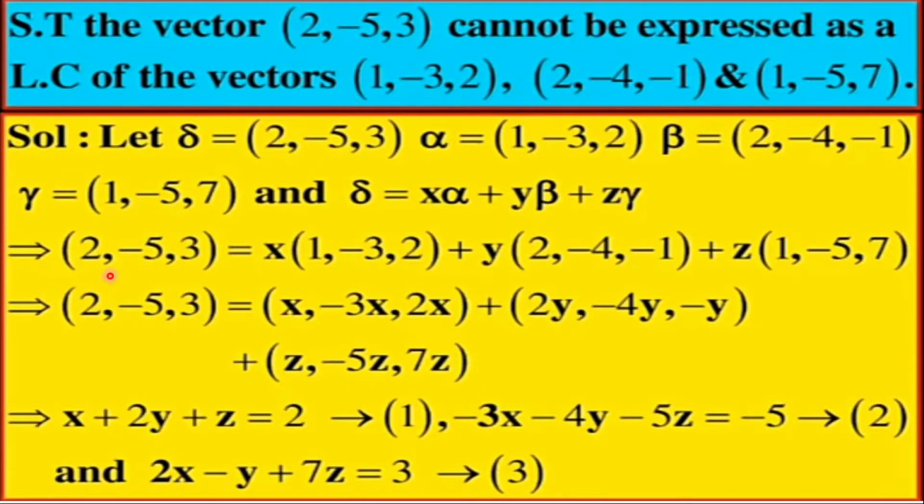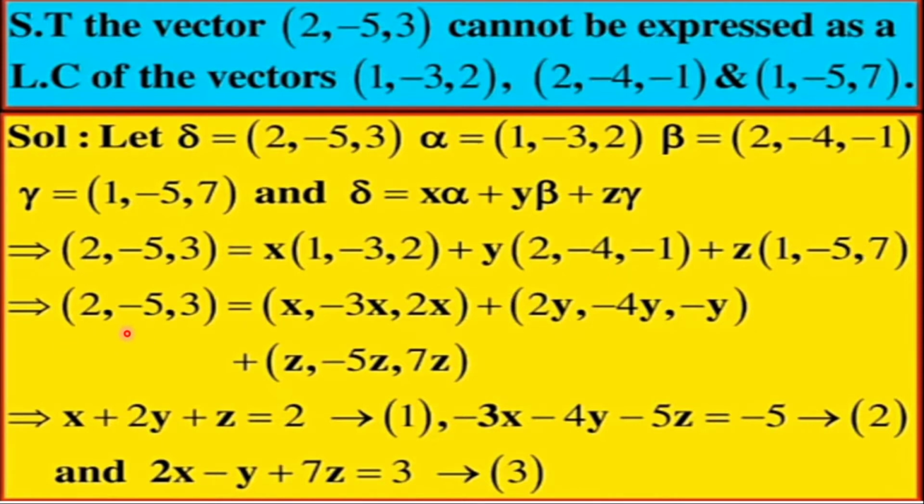That gives (2, -5, 3) equals x into alpha, (1, -3, 2), plus y into beta, that is y into (2, -4, -1), plus z into gamma, (1, -5, 7).